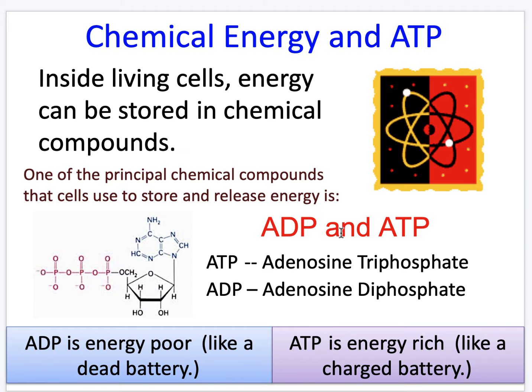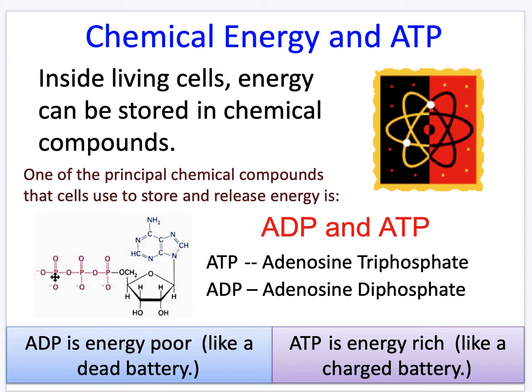The reason I'm calling them alternating molecules is because ATP, when it is used by the cell, breaks the bond between the second and the third phosphate group. Over here, this would be number 1, this would be number 2, and this would be number 3. Right here, this bond gets broken.